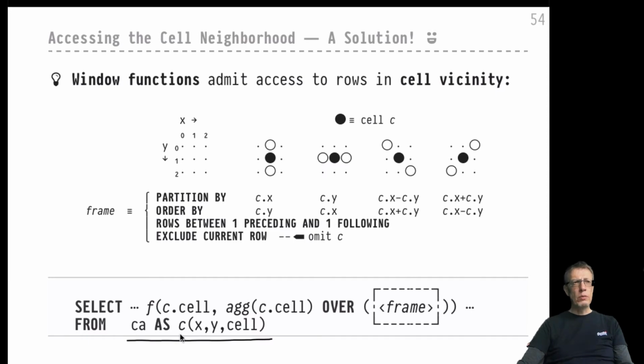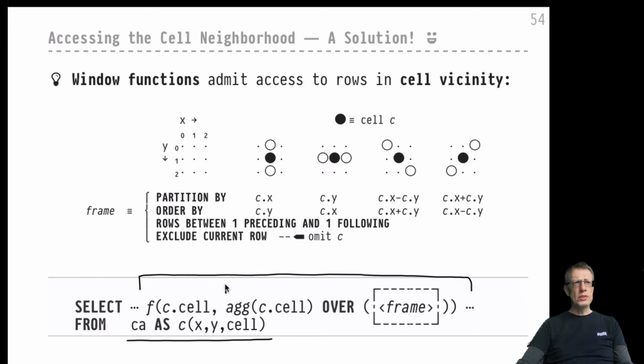Of course, we would like to explore the neighborhood of C to also compute the next state of C. So instead of the self join of CA with itself, we will use a construct like this. You will probably recognize the f and the agg here. We use these to encode the behavior of the CA, the cellular automaton.